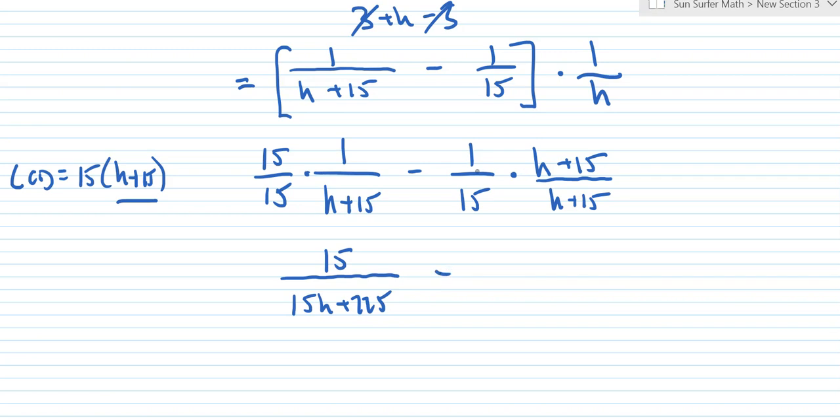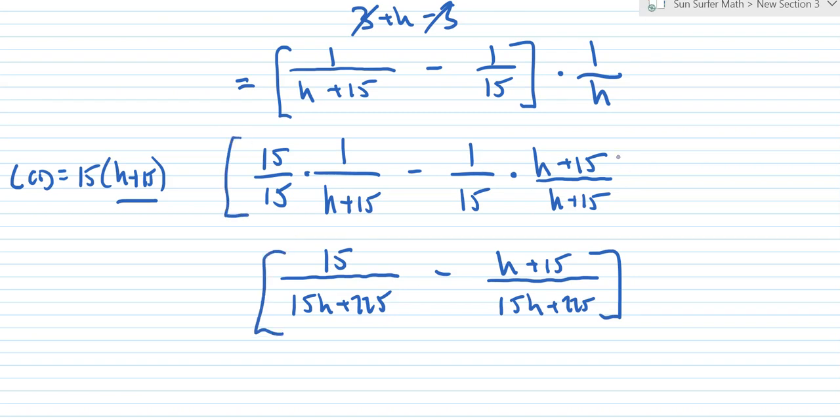Over here, 1 times h plus 15 is h plus 15. And 15 times h plus 15 again is 15h plus 225. And of course, in both of these, let's not forget that we're taking this whole quantity and multiplying by 1 over h. It's easy to forget that.